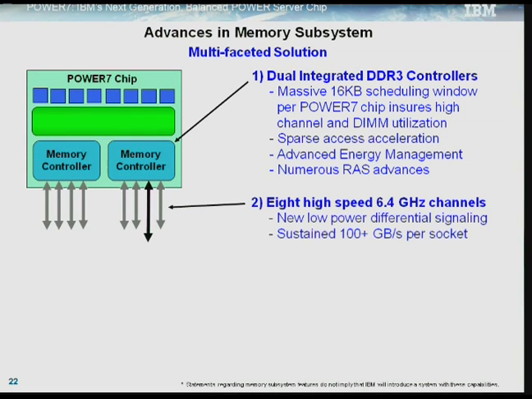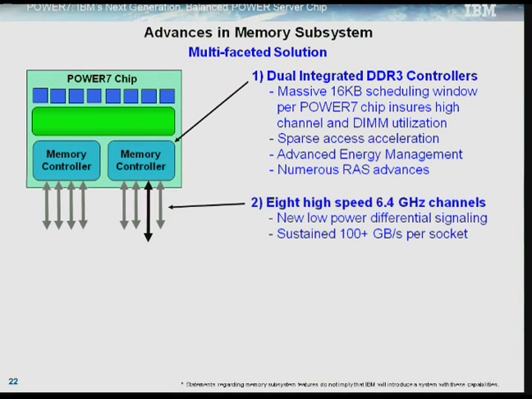Then we take it out with 8 high-speed 6.4 gigahertz channels. We're using a new differential signaling technology. If you're familiar with our past stuff, we've been taking single-ended and running it really hard. We're still doing it in this program, but we see there's value in the optimized single-ended as well as value in the optimized differential.